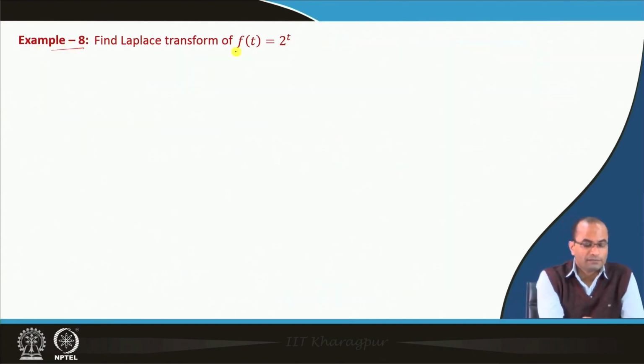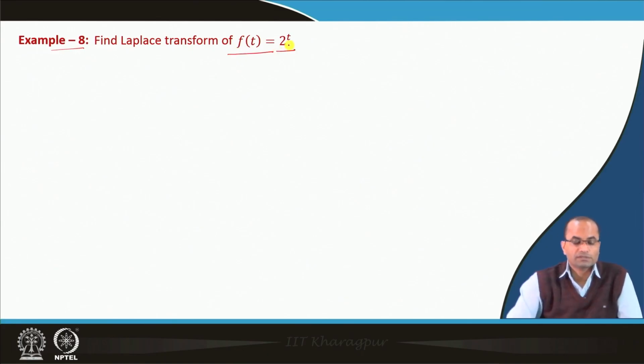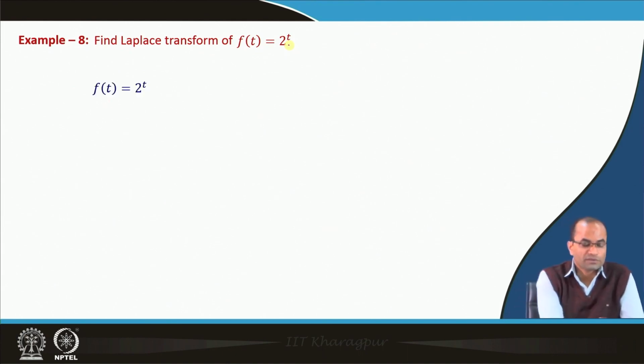So, for instance, if you want to find the Laplace transform of 2 power t, again this function can be converted into these known transforms. So, f of t equal to 2 power t can be written as exponential of ln 2 power t, which is e power t ln 2.